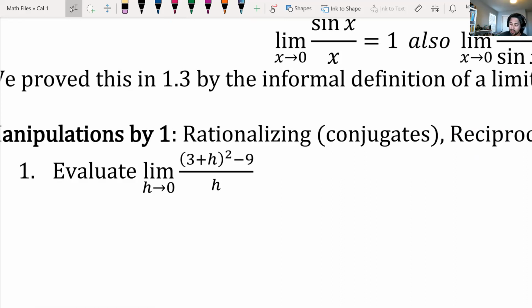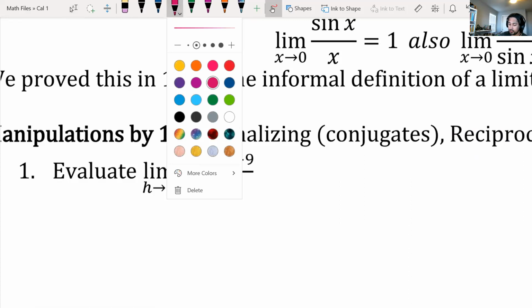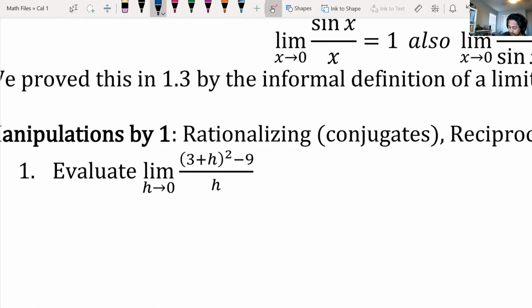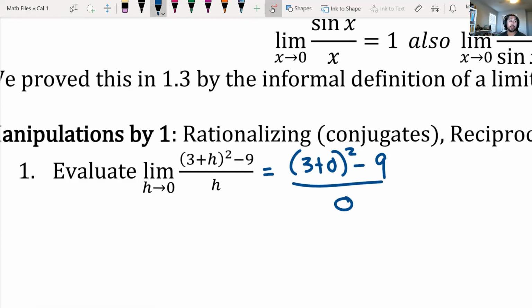So what happens if you plug in 0 right away? A 0 in the denominator. Would it become undefined? You'll get a 0 in your denominator, but it's not going to become undefined because what is the numerator going to become? Also 0. You get 0 over 0, which is what type of form?